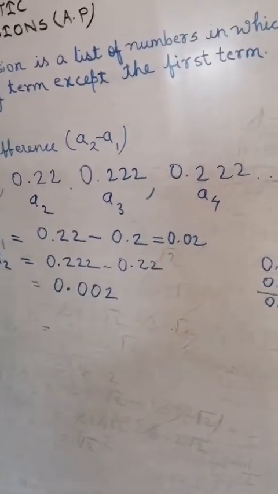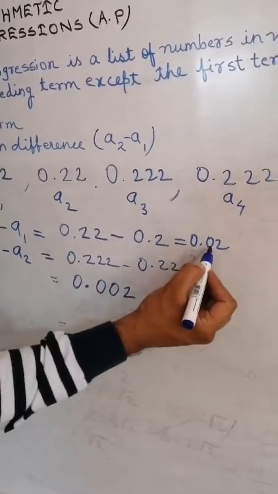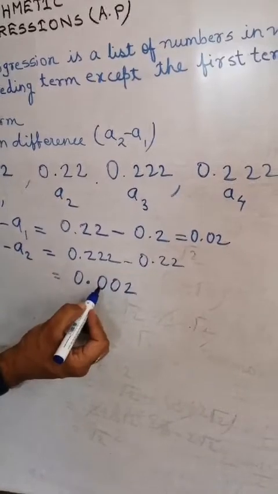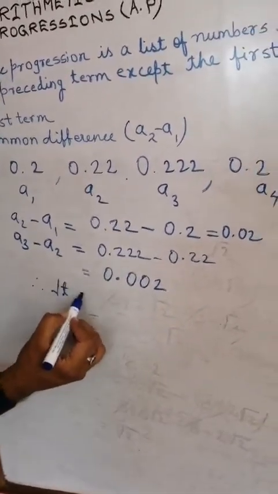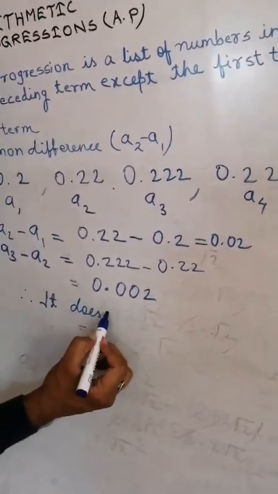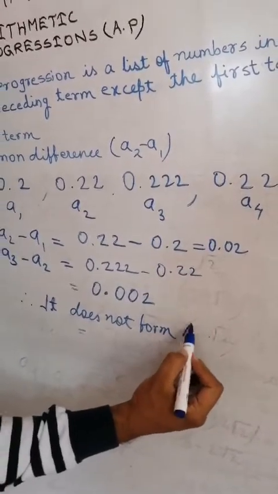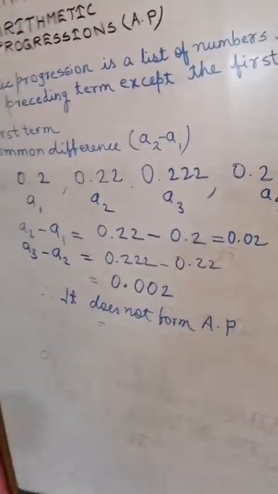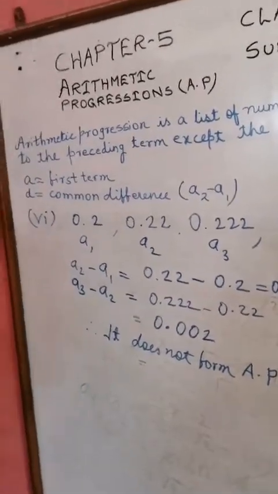Now, in the first two steps, it is very clear this number is not forming the AP. Here the answer is 0.02, here the answer is 0.002. So it does not form AP. Therefore, we do not need to find the next three numbers. If it is forming the AP, then we will find the next three numbers.